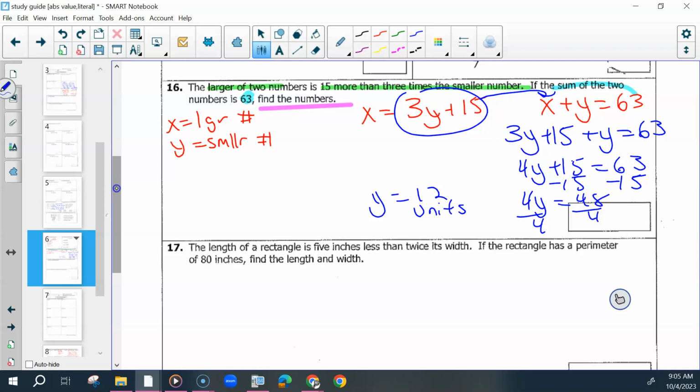You can put 12 back in, figure out what the larger one is. You see a problem about larger and smaller numbers is very similar to perimeter problems.